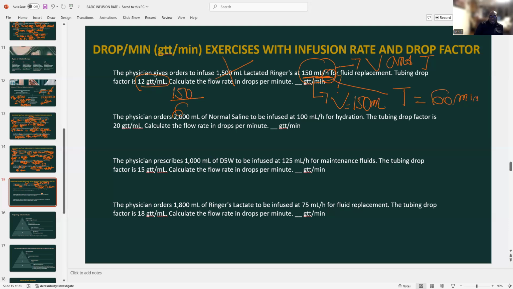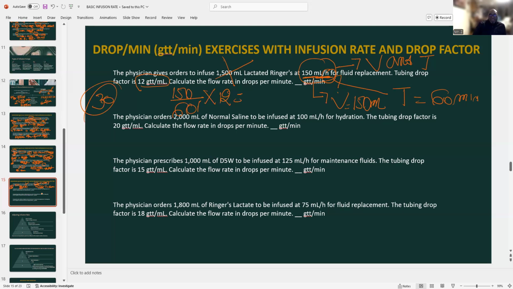Remember, it's drops per minute, so your time must be in minutes, 60, and multiply that by the drop factor, which in this case is 12. So we're going to do 150 times 12 divided by 60. You have 30 drops per minute. Let's look at the next one.